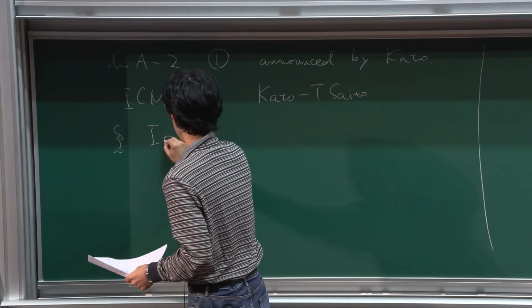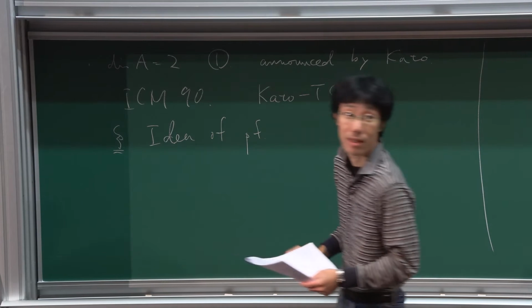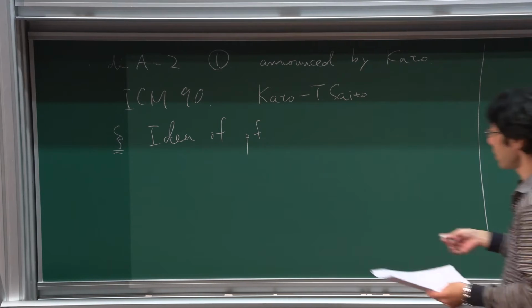So the idea of the proof. Excuse me? As far as I know, I don't think they are proving the rationality. They're only talking about the Q_l-bar part.